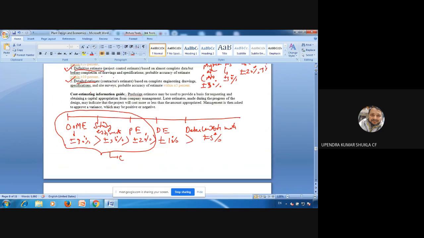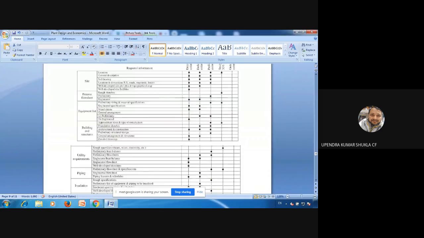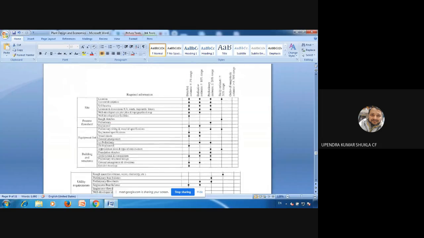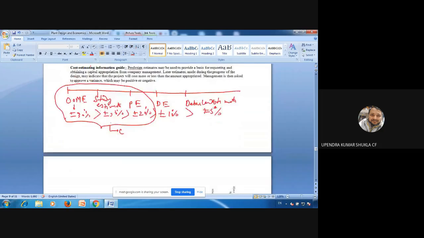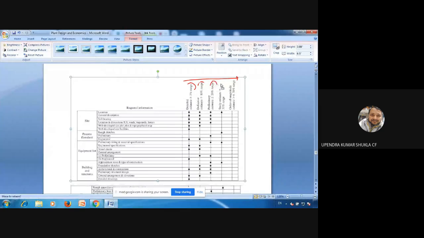Now I am telling you about pre-design estimates. Now I am showing you in a bit more detail all these things I have told, and these things are very important and you have to understand. So what you need to understand right here is that all five terminologies of estimation that I told you, in the decreasing order and increasing order from this to this direction: 5% detailed estimate, then definitive estimate, then preliminary estimate, then study estimate, and then order of magnitude estimate.